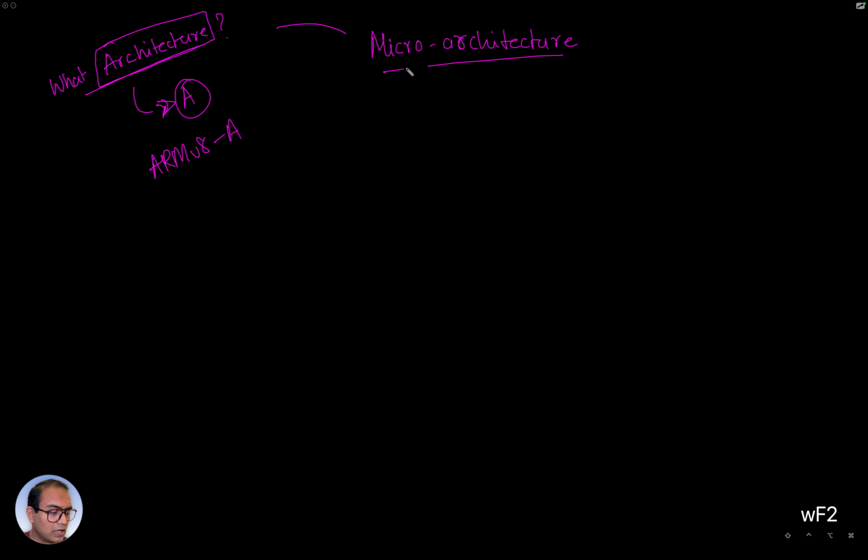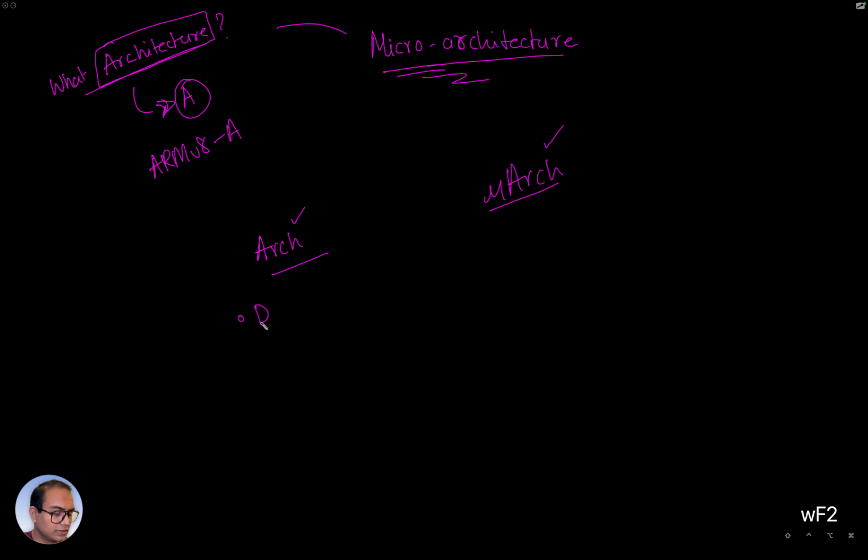And there's a subtle difference between both of them, right? So let me write architecture as arch, and mu arch for microarchitecture.